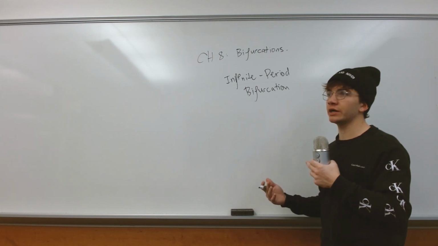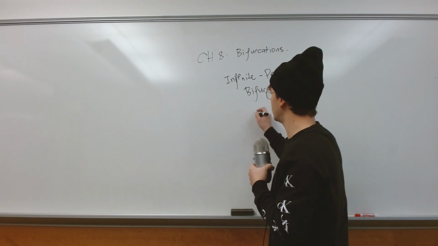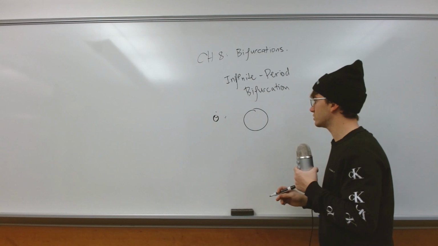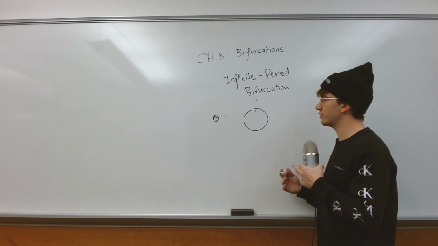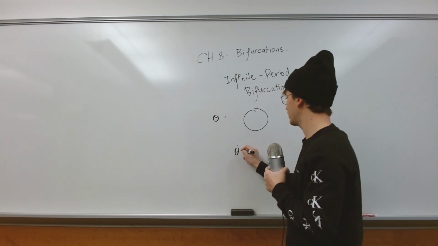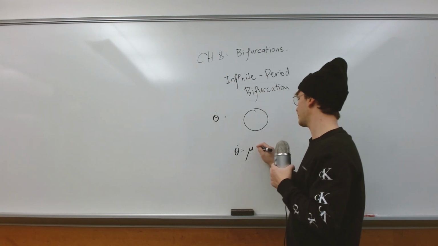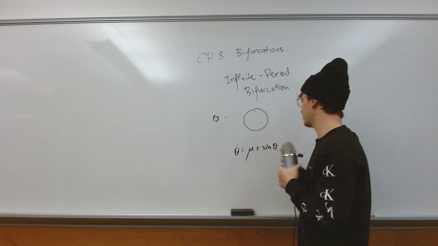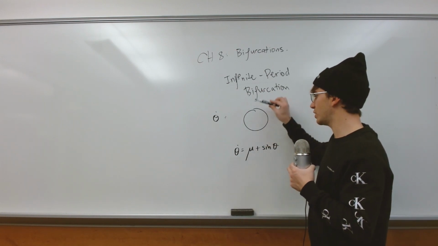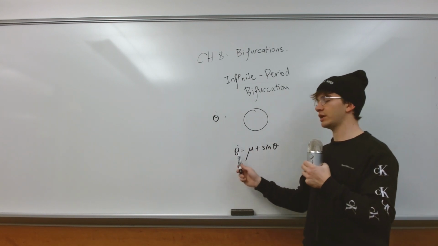Now remember, theta, because we're in polar coordinates, is 2 pi periodic, so we actually have flow on a circle. If we just look at theta dot for a second, say theta dot is equal to mu plus sine theta. When I bring mu above or below 1, all of a sudden theta dot has no roots.